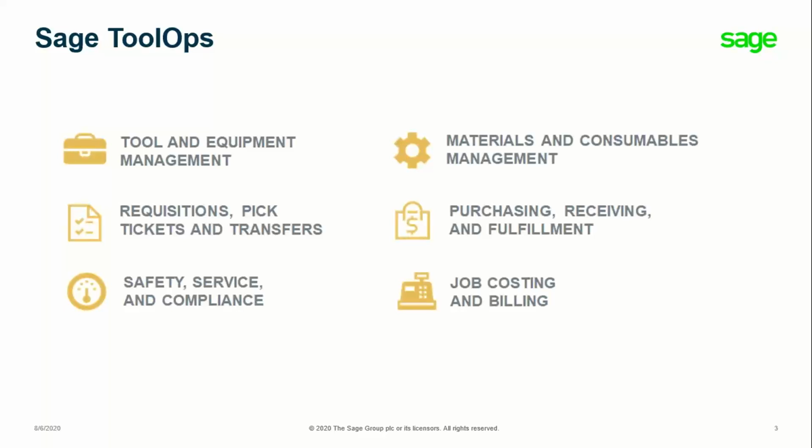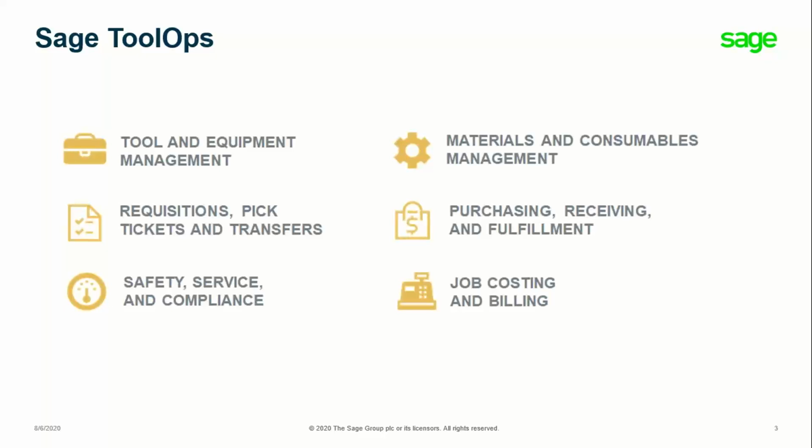So Sage ToolOps, let's talk a little bit about how big of an effect it can have on your business. Certainly the ToolOps product will track tools and equipment. And when we talk about tools and equipment, be very broad in what you want to manage, whether that's ladders, extension cords on the small end, combo kits, compressors, generators, skid steers, trucks, trailers, yellow iron.